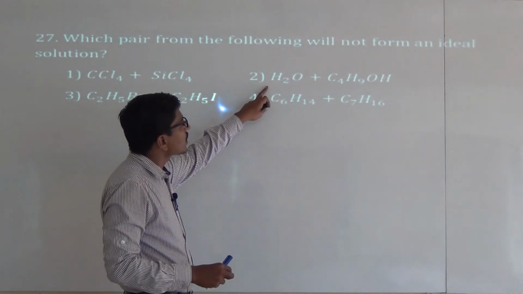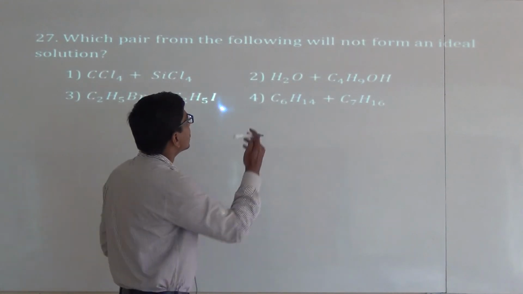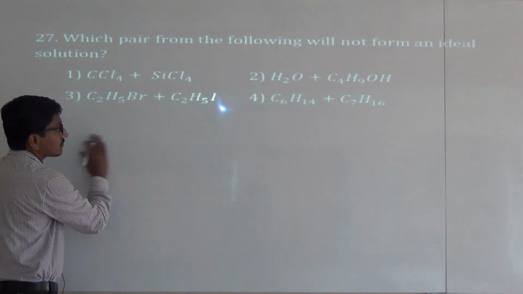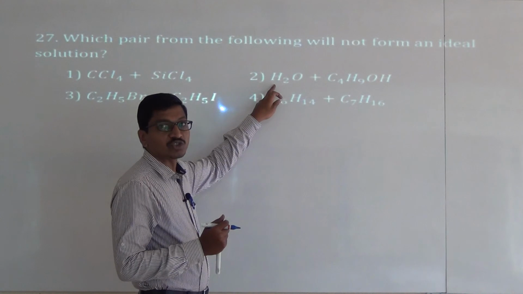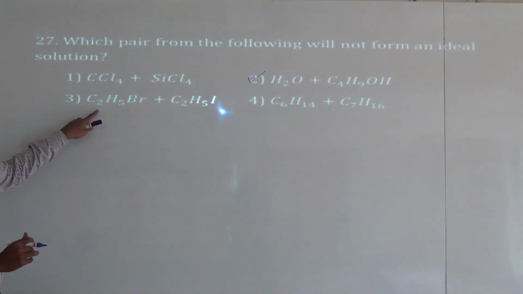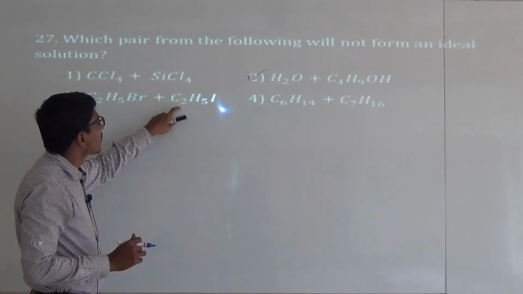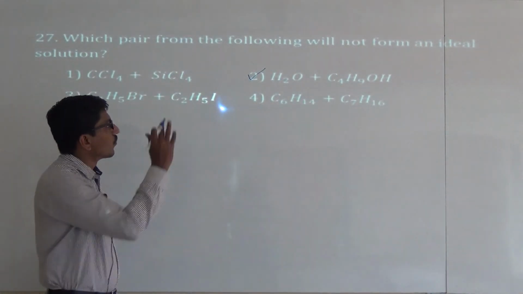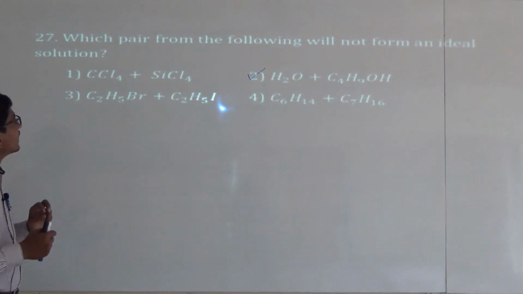In the second one, water and butanol, C4H9OH, the butanol and water mixture will not form an ideal solution because alcohols are soluble in water due to the formation of hydrogen bonds. Next, bromoethane and iodoethane are also an example of an ideal solution, and n-hexane and n-heptane are also an example of an ideal solution. Only the water and butanol pair will not form an ideal solution.